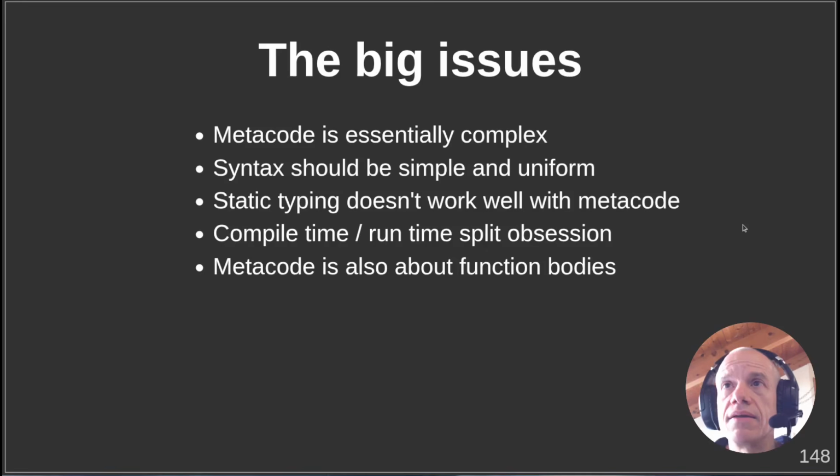And there are a few big issues. For example, metacode is complex by itself. There is an essential complexity in metacode because what metacode manipulates, code, is complex. It's not an array of numbers. It's something recursive in nature, with references into really complicated stuff. So metacode, code that manipulates this stuff, cannot be trivial.